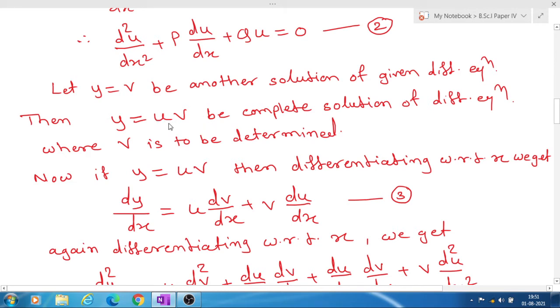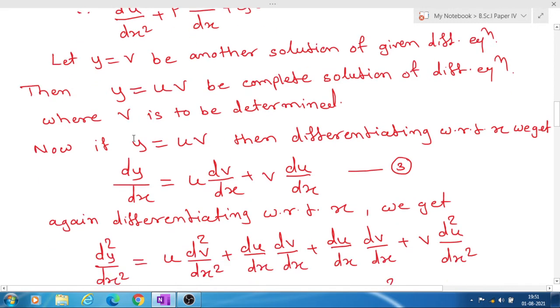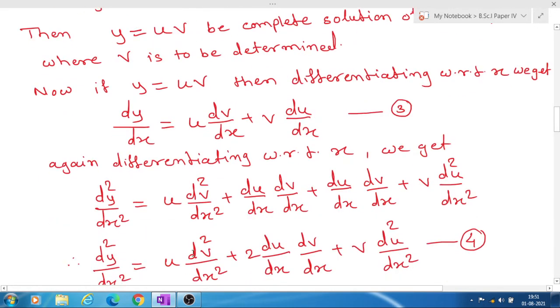We know this u and we have to determine this v. So y is equal to u into v is the complete solution. Then we find out the values of dy by dx and d2y by dx square, and we put in our given equation, and then we see what happened.